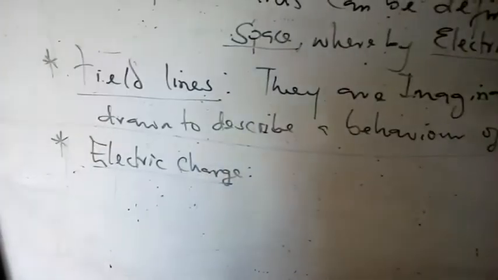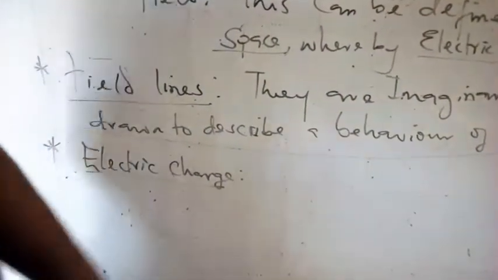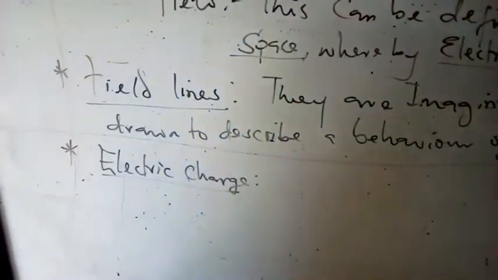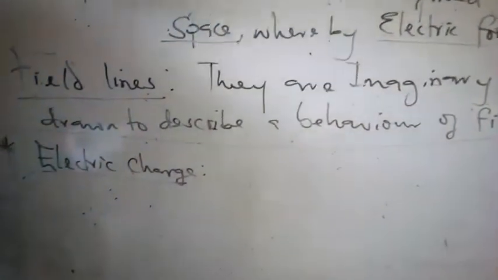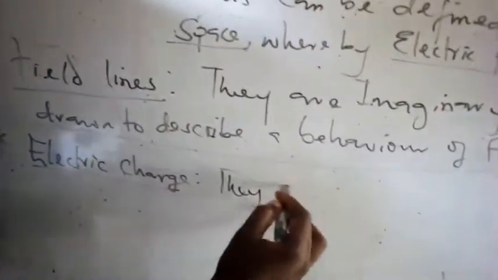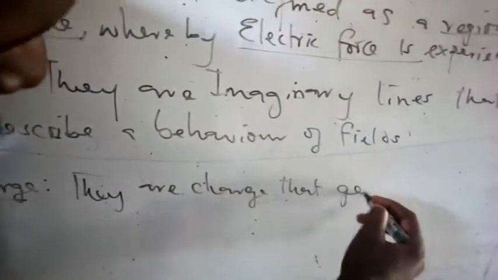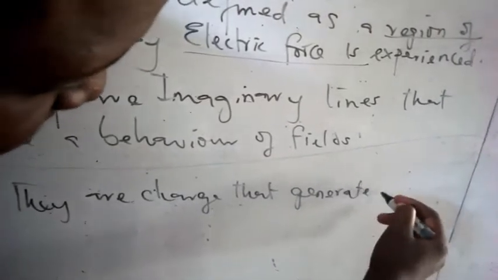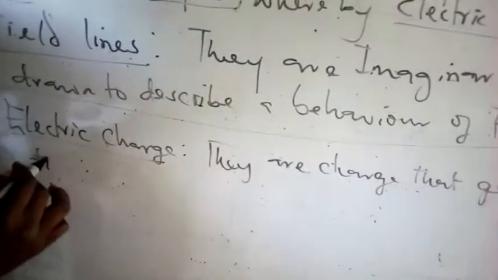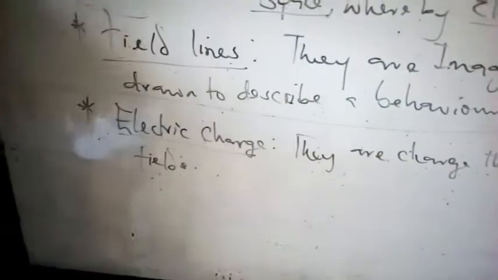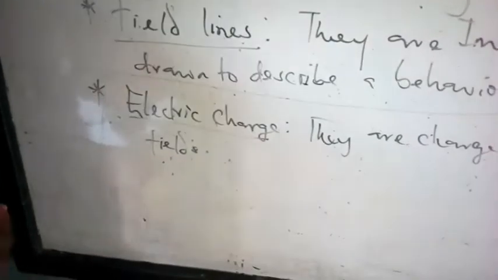From the word electric charge, this is a charge that generates electric fields. I want you to write them down, because when I start explaining and using those words, you will not be found wanting.